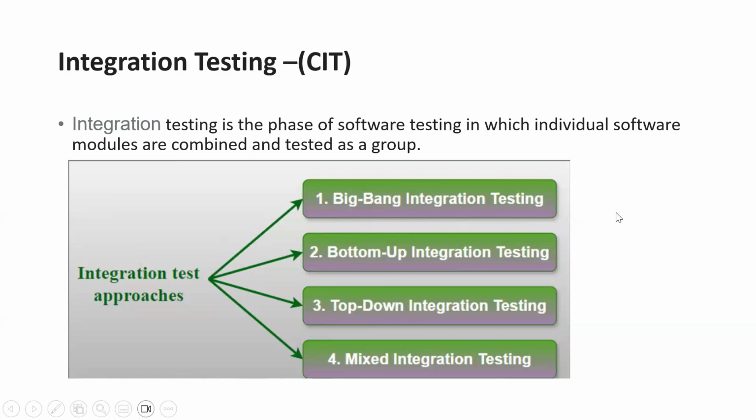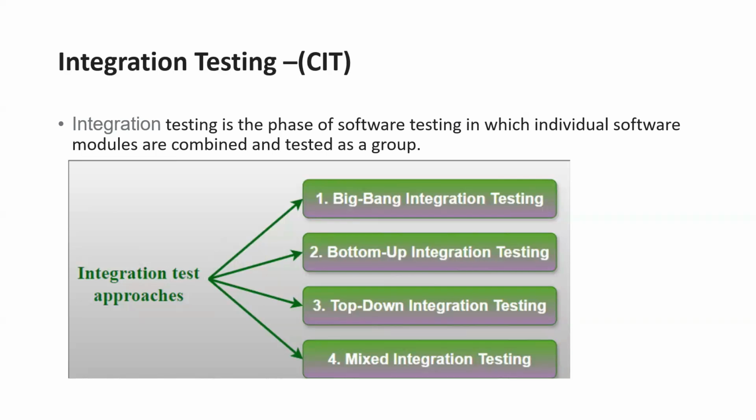In simple words, all the modules of the system are simply put together and tested. Second one is bottom up integration testing, where each module at lower level is tested with higher module until all modules are tested.